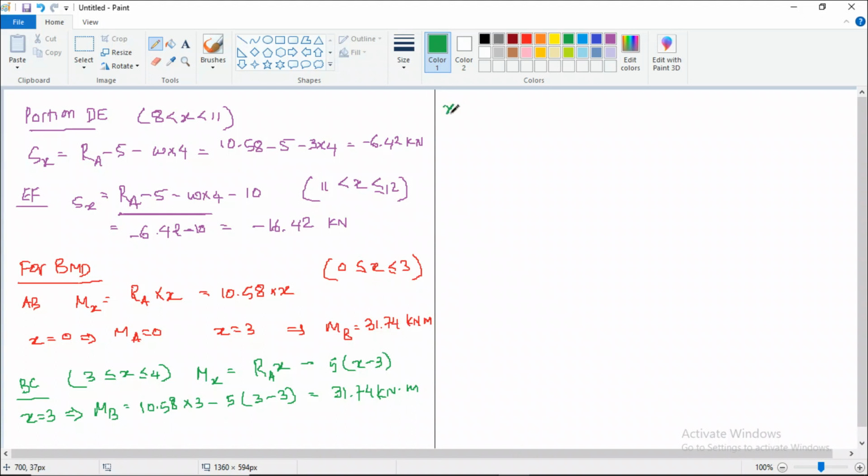At x equal to 4 meter, again you need to put the value. Here at 4 meter you have the moment at point C, which will become 10.58 multiplied by 4 minus 5 into (4 minus 3). Here you will get your value as 37.32 kilonewton meter.